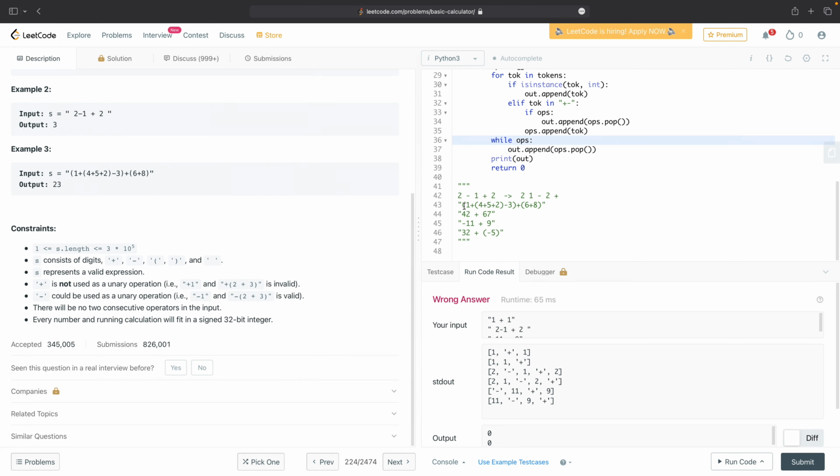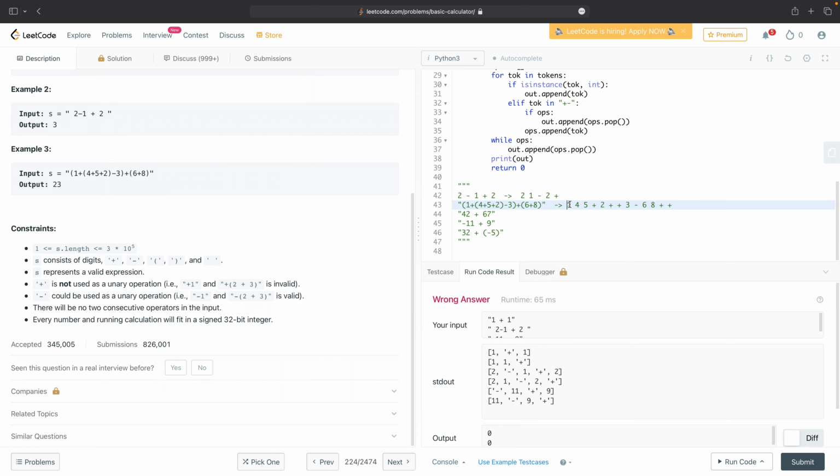So if I see this open parentheses 1, so I need to store this somehow. Let's work out what we're going to. I need to turn this into a 1, a 4, 5 plus 2 plus 3 minus 6, 8 plus.